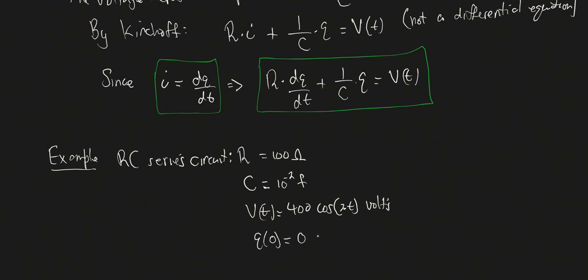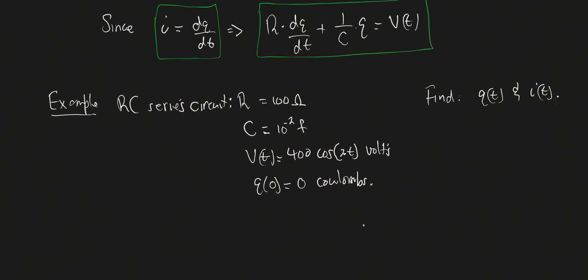And again, charge is in coulombs, right? So that's the setup. And what do we want to find? So I'm just going to say find the charge as a function of t and the current as a function of t, all right? Let's see what happens when we dive into this particular problem.